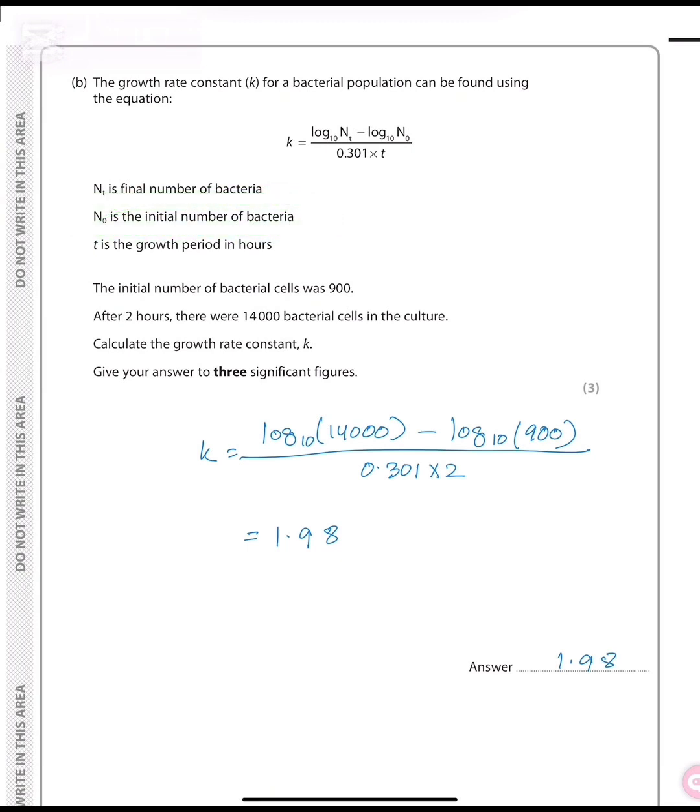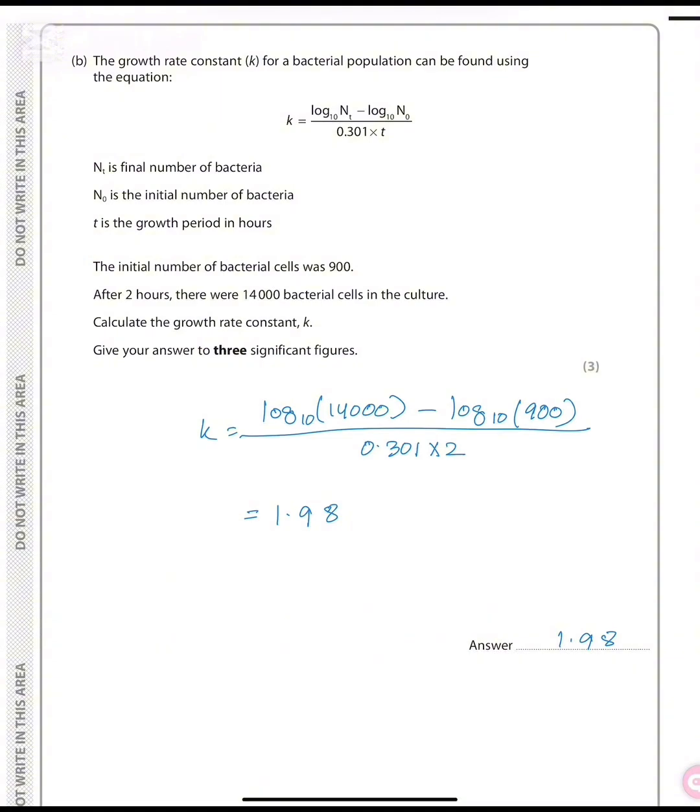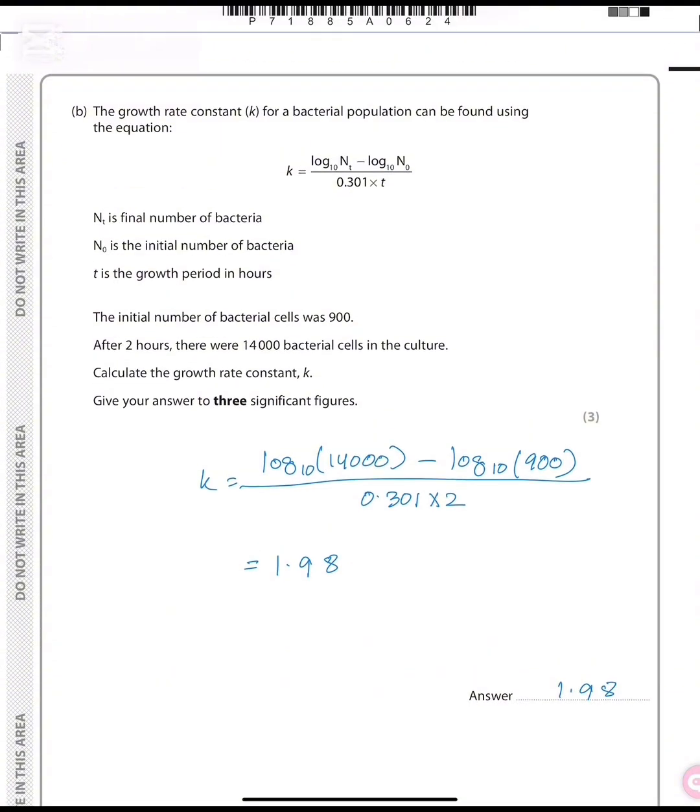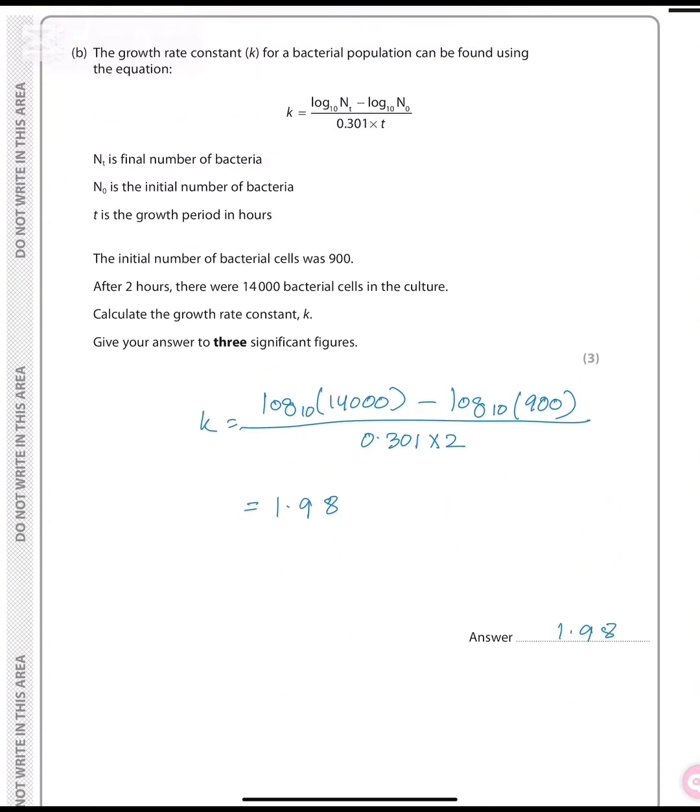So after 2 hours we are getting 14,000 bacterial cells and the initial count was 900. So we will put the values into the formula and we will get our answer. I hope we are done with question 1B. They mentioned the answer has to be in 3 significant figures, so 1.98 is the answer.